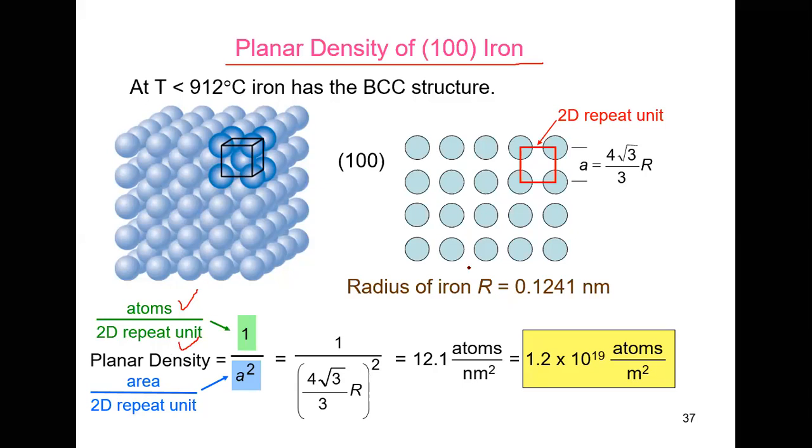Now we want to calculate the planar density of atoms of the (100) crystal plane of an iron crystal. You have studied previously that iron crystal at room temperature is body centered cubic, when T is less than the Curie temperature.